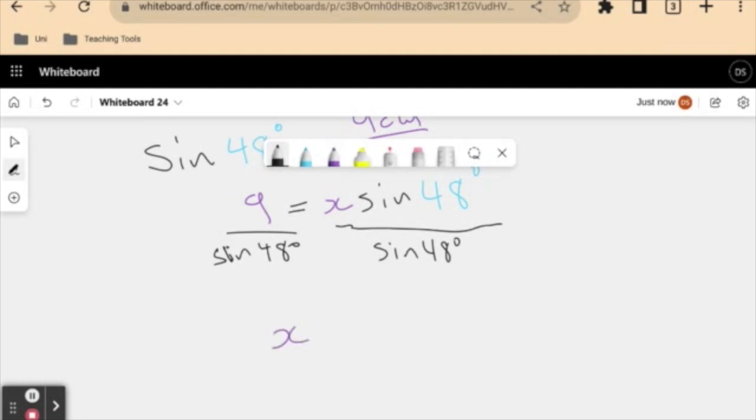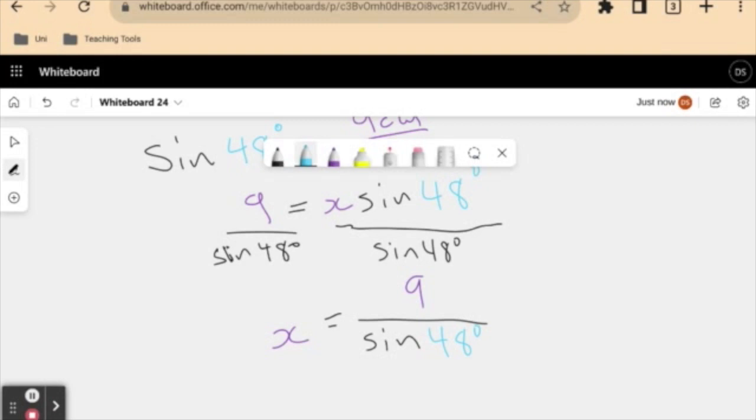So we can say that I can represent my unknown side x as 9 divided by sine 48 degrees. Now, that is hopefully a relatively simple procedure to follow.